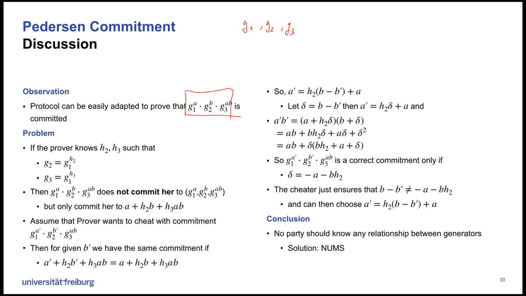Now, if I'm giving you the scheme and say these are my 3 generators, it could be that I have chosen G2 as some power of G1 and G3 as some power of G1. So that I have some hidden information in the generators, which I'm now using against you.